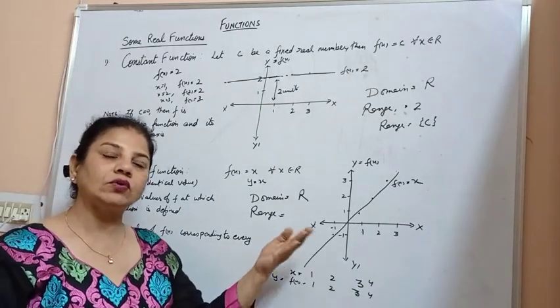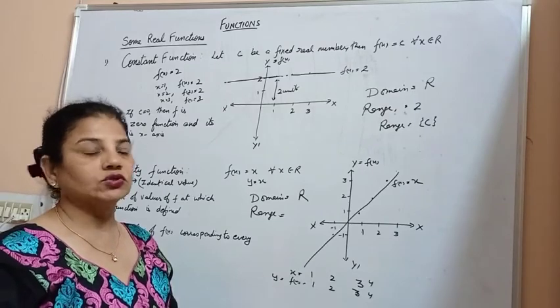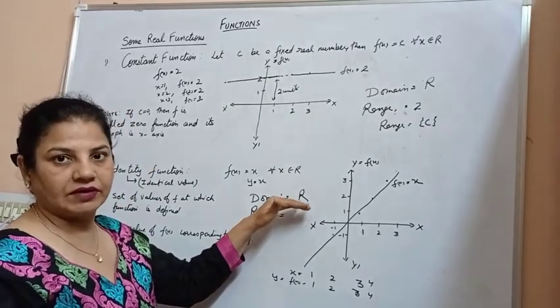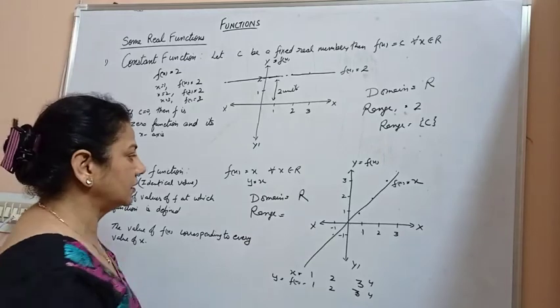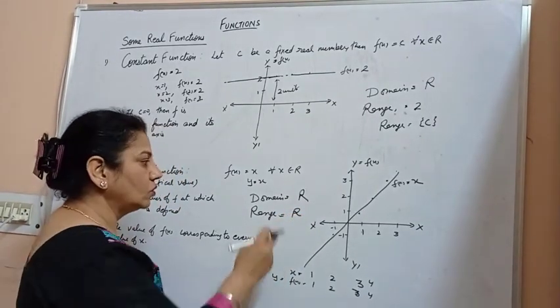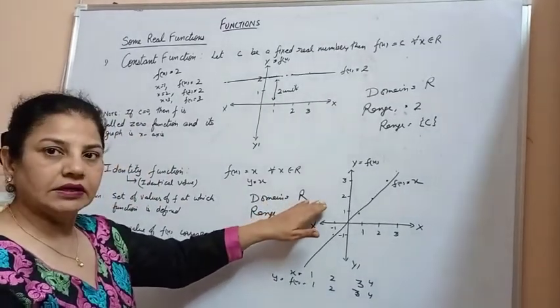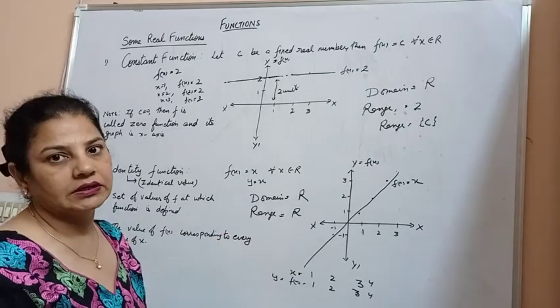So for every value of x we get the value of f(x). So for every real number x in the domain we get a real number, which is the range of the function. So for the identity function, the domain is the real numbers and the range is also the real numbers.